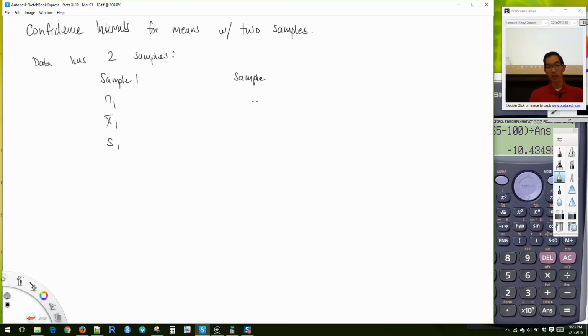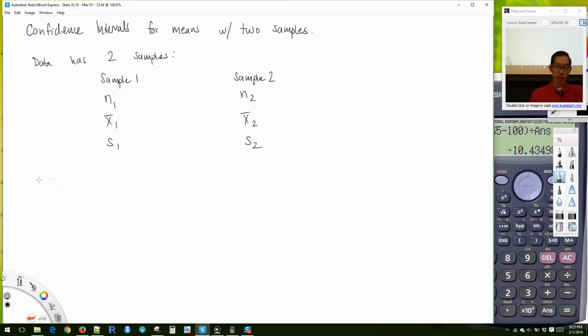And for sample 2, this is going to have n2, x bar 2, and s2. So these are the 6 pieces of information that you need to know: sample size, sample mean, sample standard deviation for sample 1, and size, mean, standard deviation for sample 2. I don't have to label all of these, right? You guys got this, okay?